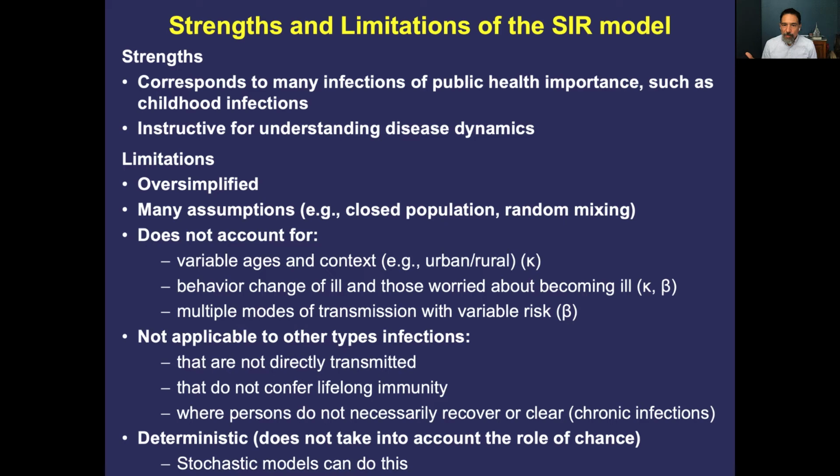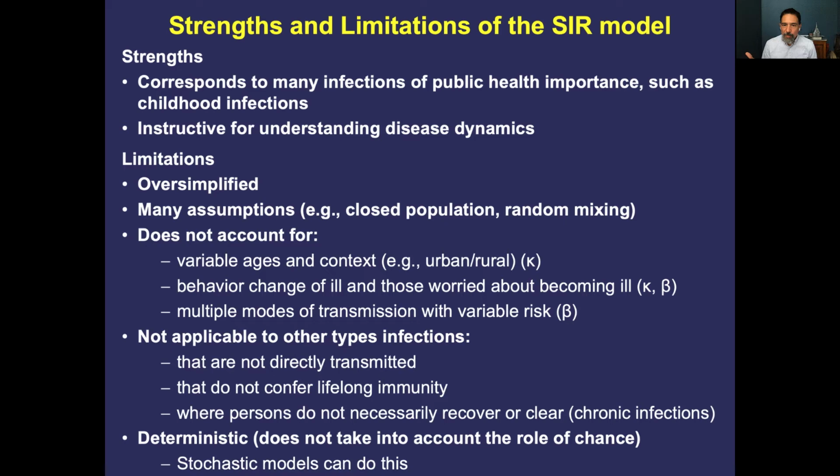People can change their behavior, those who are ill and also those who are worried about becoming ill, and that could affect the values of kappa and beta over time. But the model, as we have shown here, does not allow for changing kappa and beta over time. And there can also be multiple modes of transmission with variable risk.